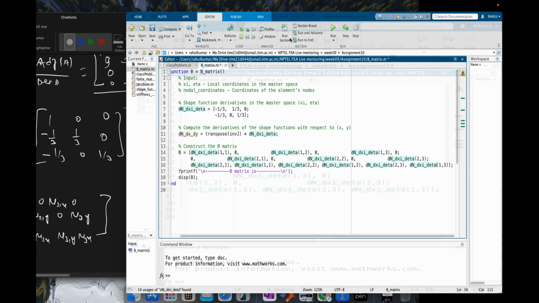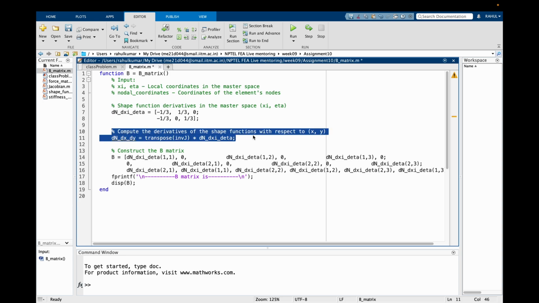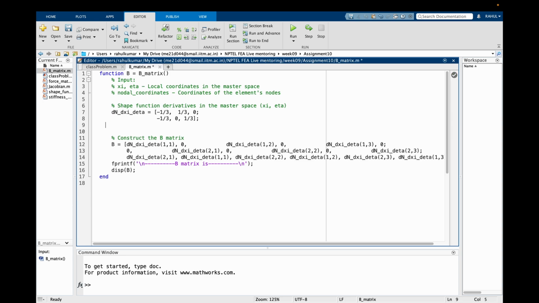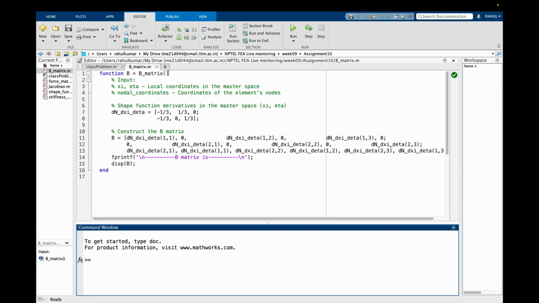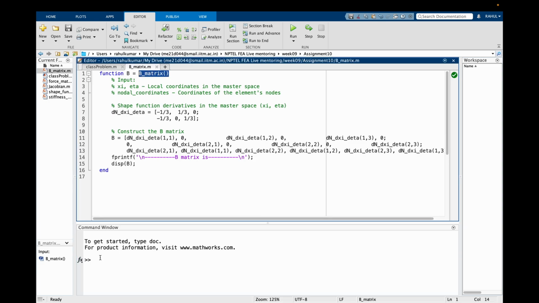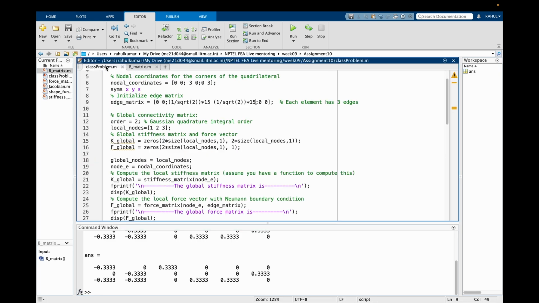Okay, so there is no use of it, so let's remove this. If I want to get the output of this, then it will give it. So yeah, this is the B matrix, so you can see that. Now B matrix is ready.